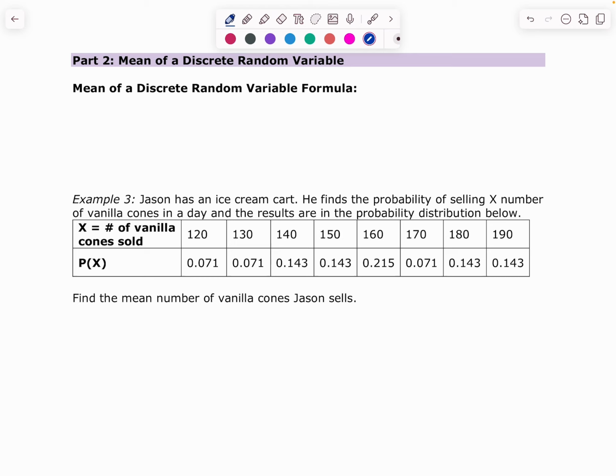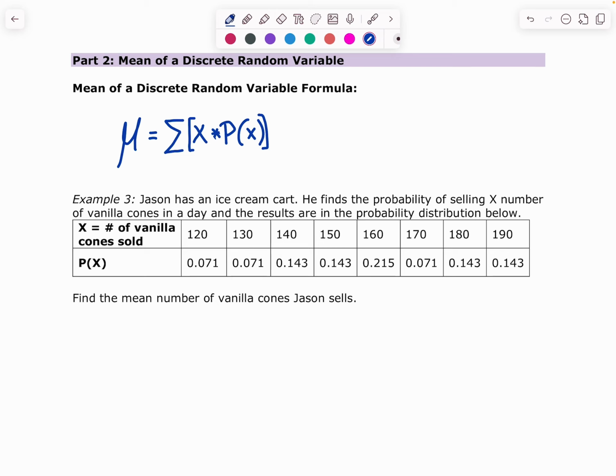So the formula for the mean of a discrete random variable, the symbol is mu, and the formula is the sum of each x value times its probability, and I'm going to put this in brackets.